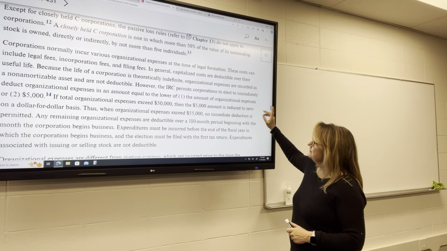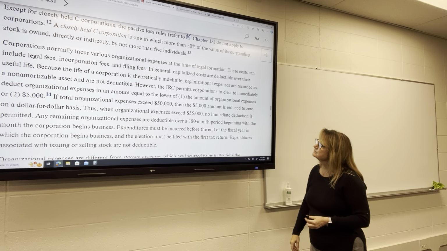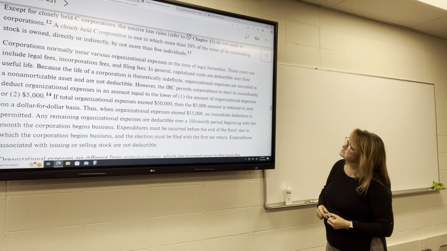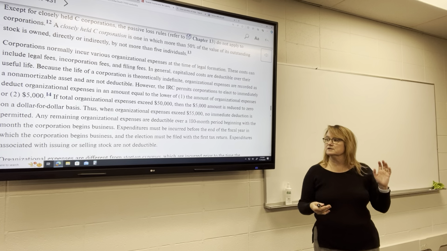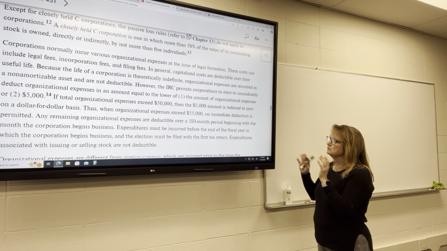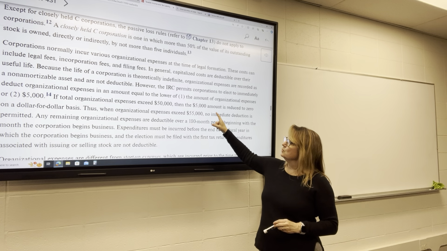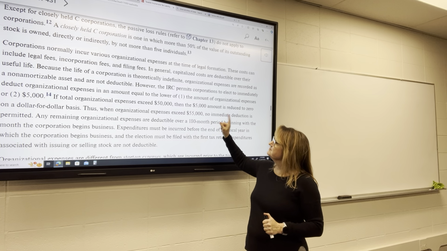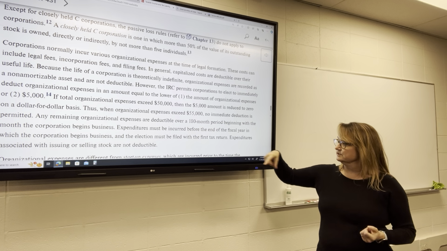So they can immediately deduct organizational expenses, and an organizational expense is anything like those articles of incorporation and stuff like that, or anything that you need to organize the company. So you can deduct up to $5,000 of those organizational expenses.